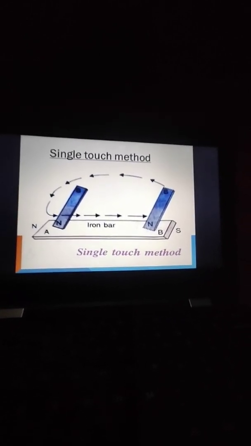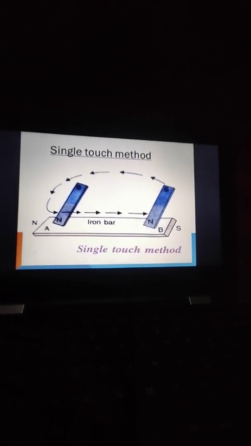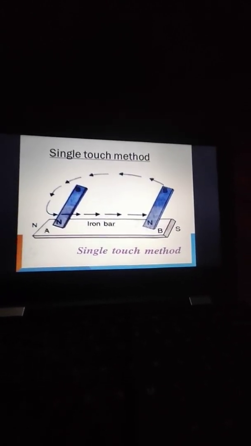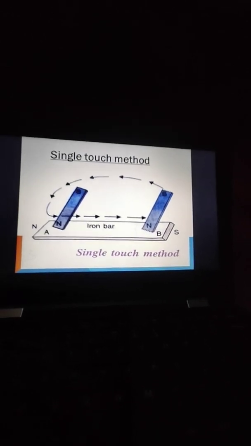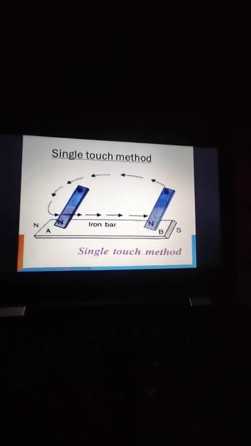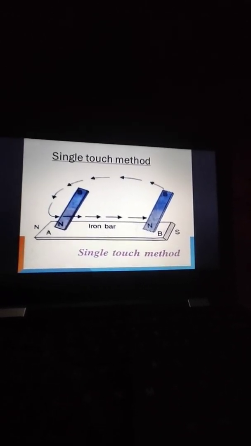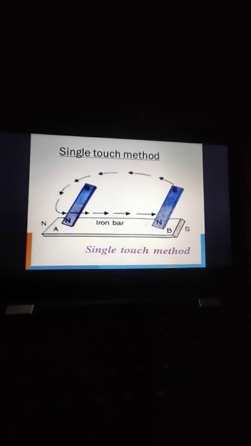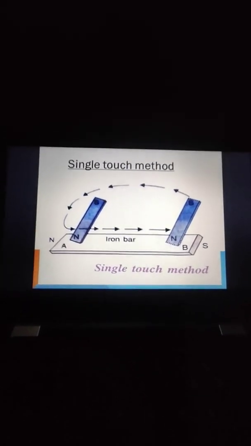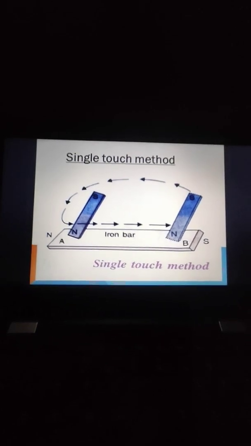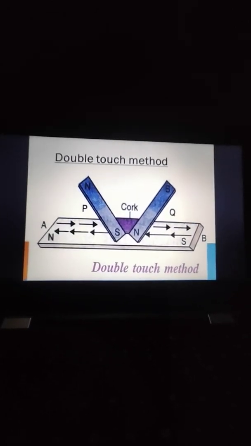Means we started from A, so the last end is B. It will acquire south polarity and the end A will acquire north polarity. It will be the north pole. Is it clear beta?